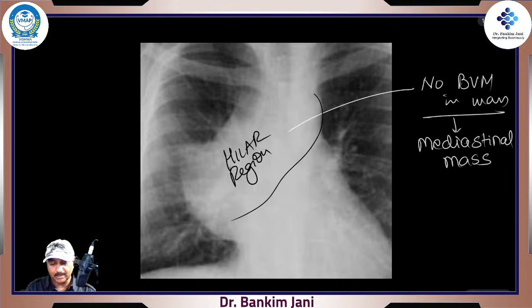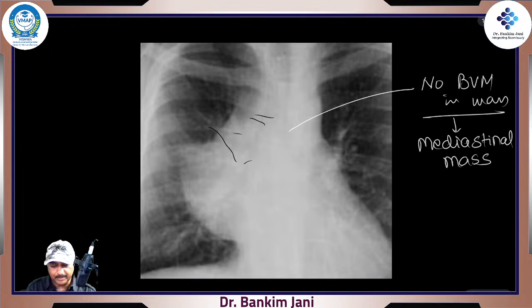In the hilar region, you can watch all the bronchovascular markings, as if this is a completely normal lung. So the hilum is superimposed by this mass. Whenever you get such a thing, in most of the cases it is an anterior mediastinum mass.